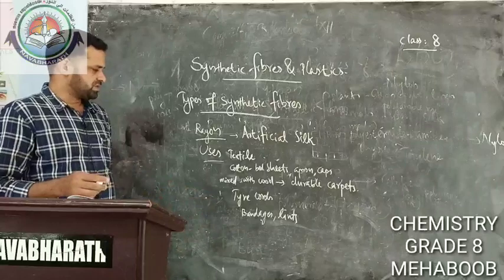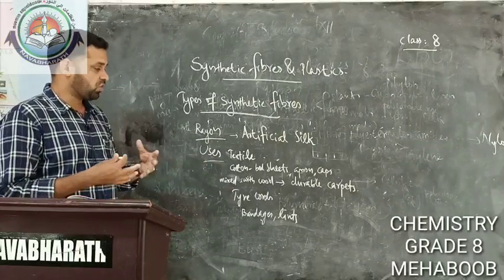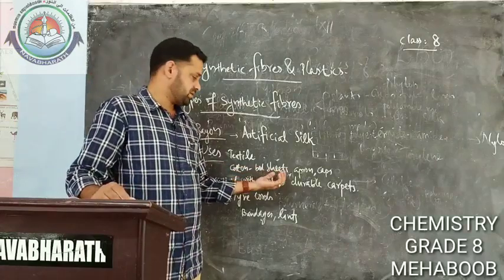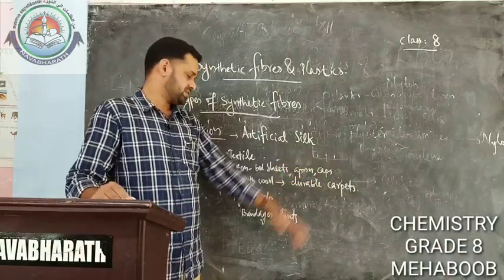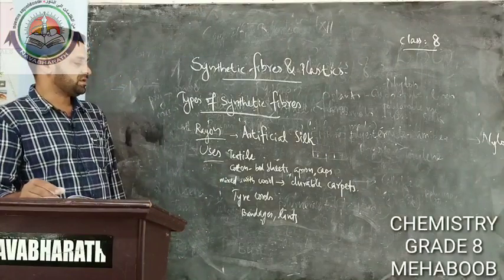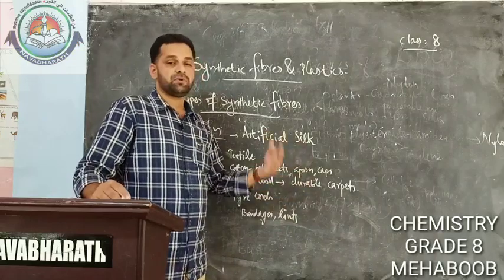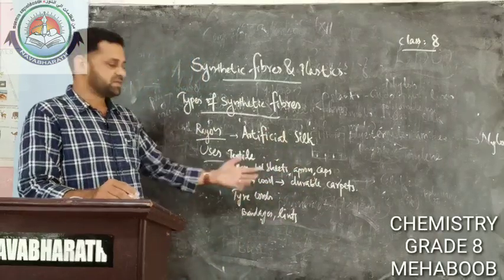Some of the uses are in the textile industry. When it is mixed with cotton, we can make bed sheets, aprons, caps, etc. When it is mixed with wool, we can make more beautiful, long lasting carpets.